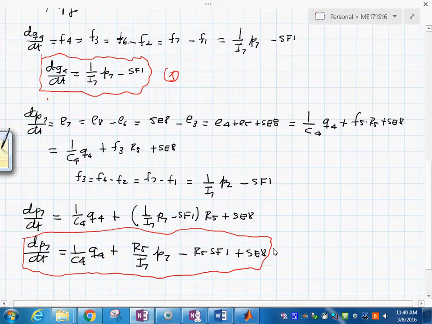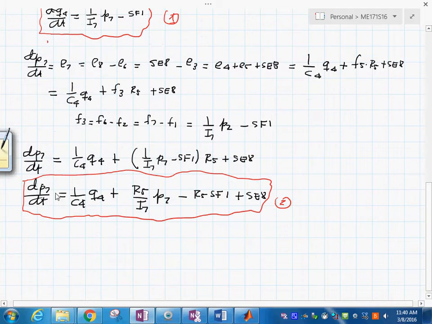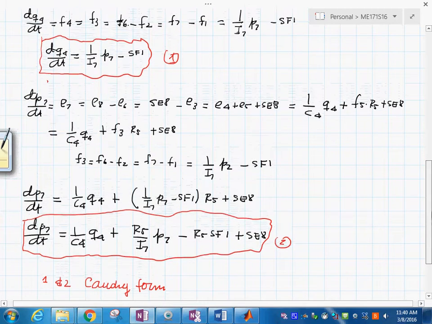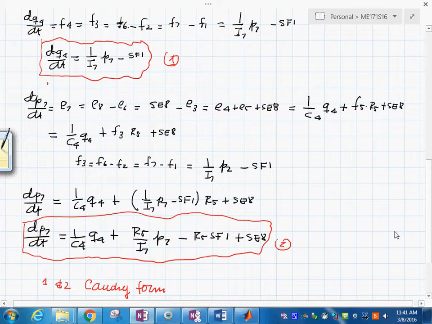Okay, let me just put some labels to this to make life easier. See, this one is a state variable, and this is an input. So the Cauchy form, this is also a state variable, and so these are also state variables, and these are inputs.